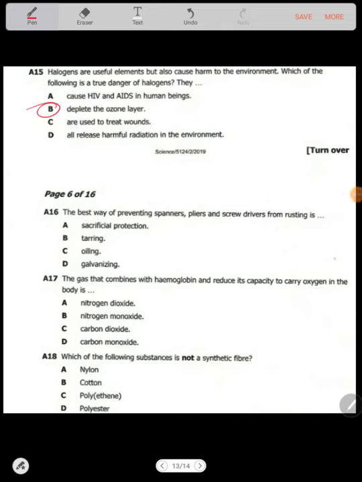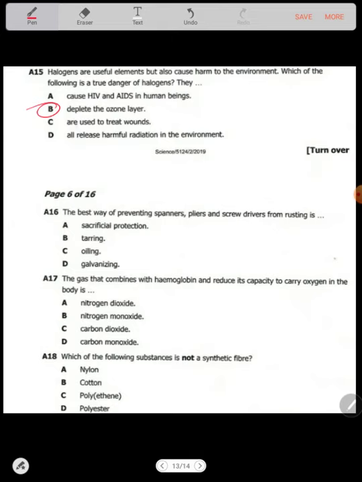The best way of preventing spanners, pliers, and screwdrivers from rusting is, so here, they are all metals. If it can be a spanner, a pliers, or a screwdriver, they are all metals. How can you prevent a metal from rusting? Is it sacrificial protection, tiling, oiling, or galvanizing?